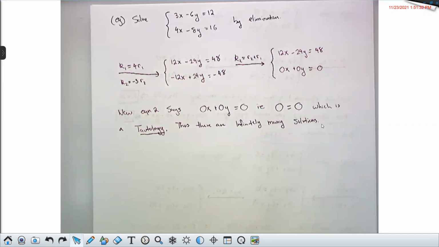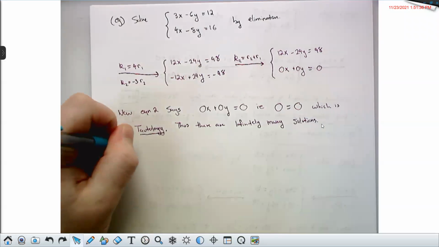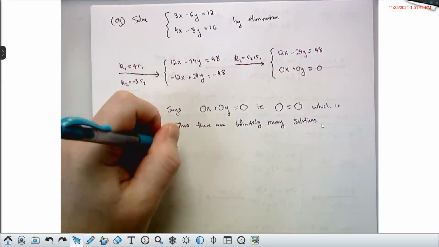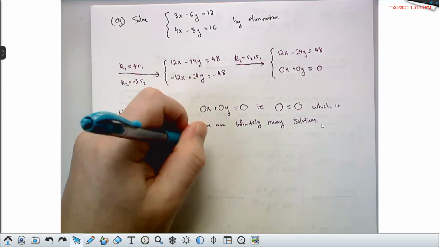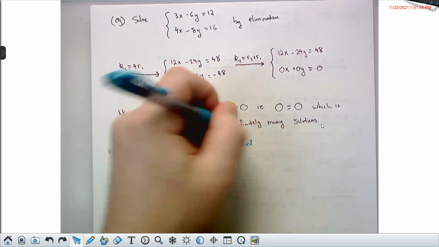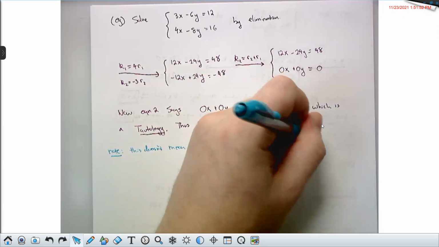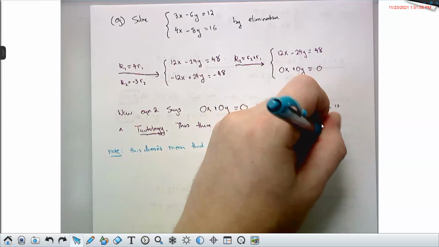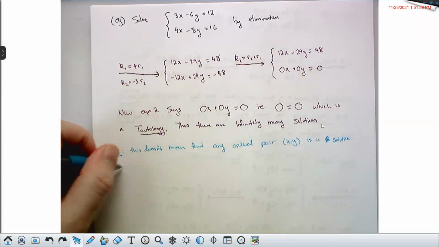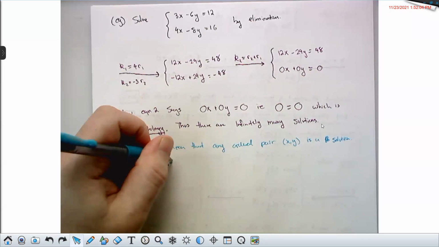But like I said earlier, this doesn't mean that any ordered pair XY is a solution. For example, 0, 0 doesn't work.